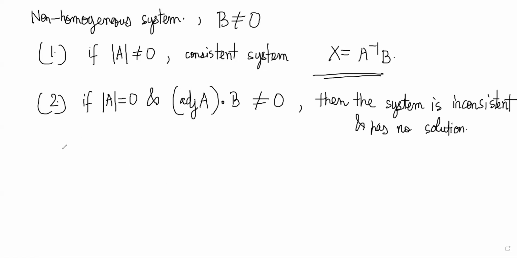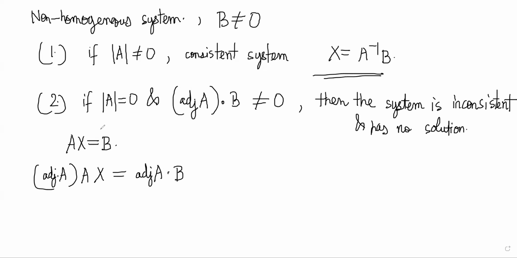Because we can say that AX was equal to B, and we can pre-multiply with adjoint of A: adjoint of A times AX is equal to adjoint of A times B. We cannot write an inverse because det is 0, right? I'm going to write it like this, and we know the property that this is equal to det of A times I n.